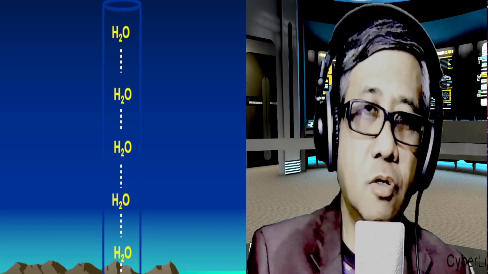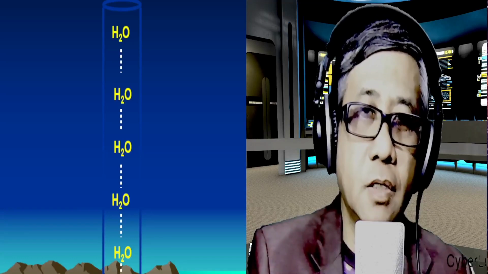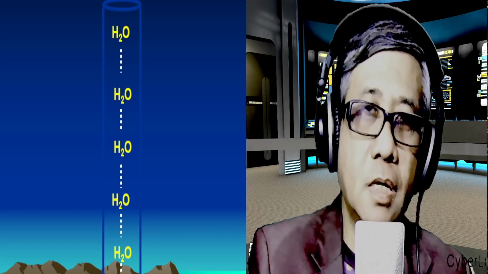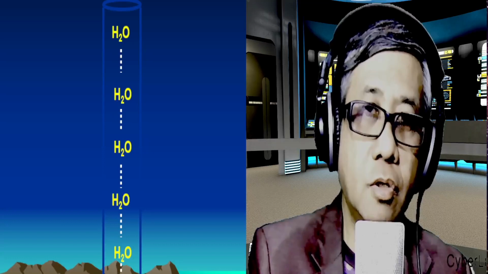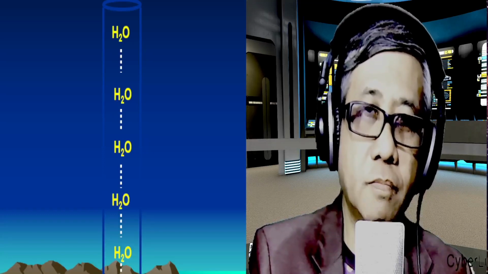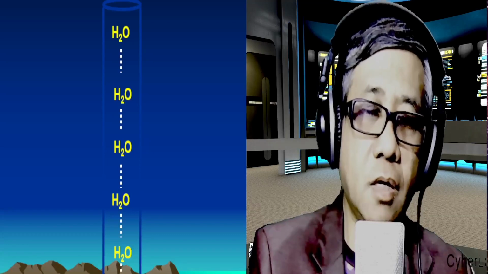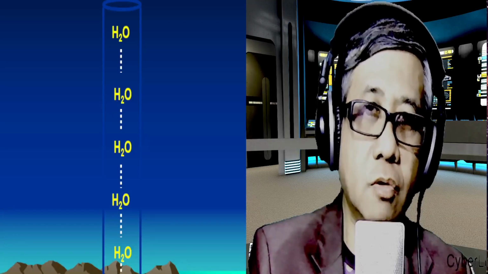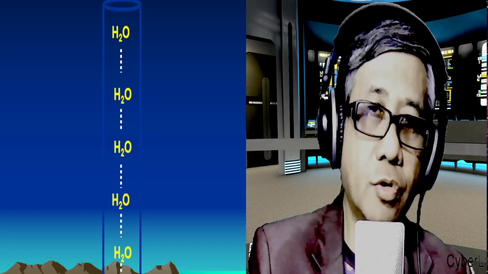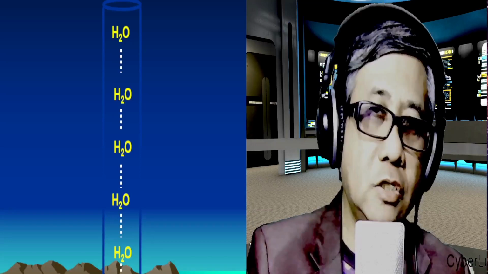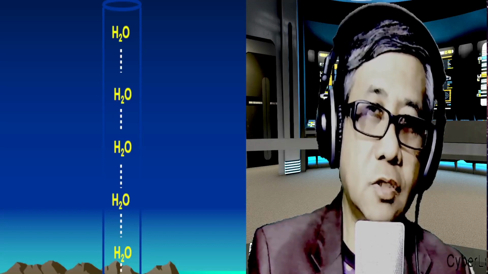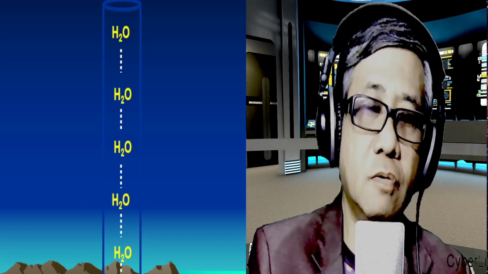You could see here water molecules in the water column inside the xylem vessel. These water molecules are attracted to each other by cohesion. We mentioned that the negative end of one water molecule is attracted to the positive end of another water molecule. So these water molecules form a chain due to cohesive attraction of the molecules.